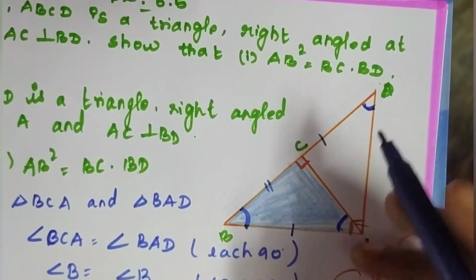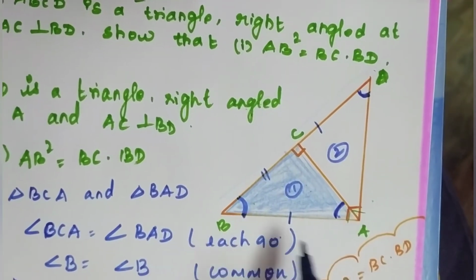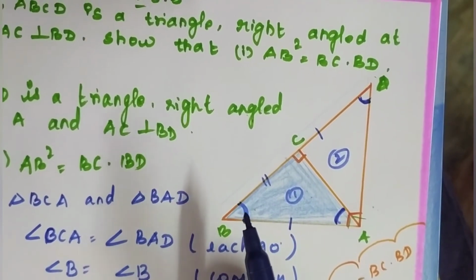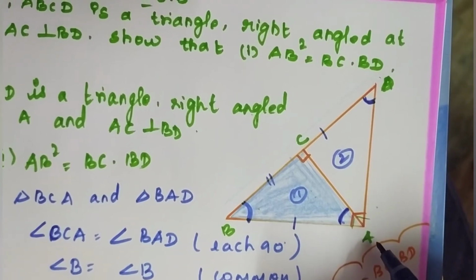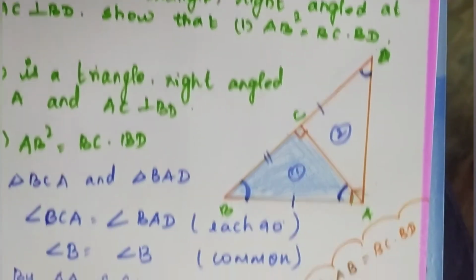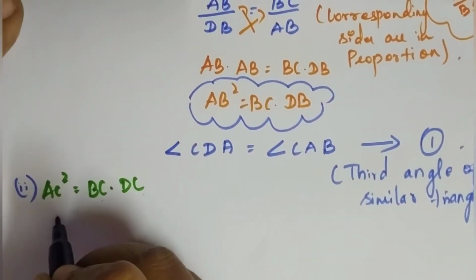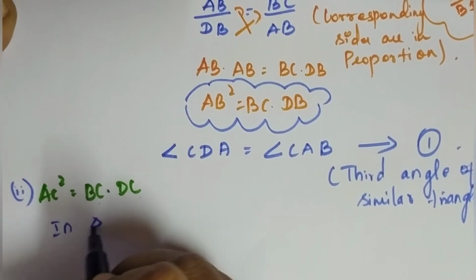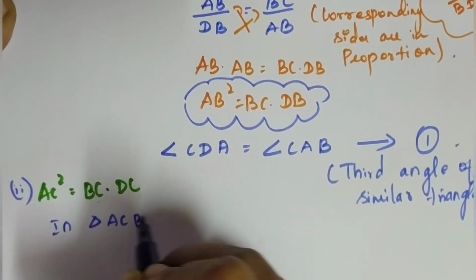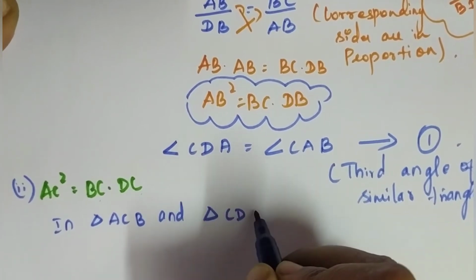So you have to take two triangles, triangle 1 and triangle 2. BAC is the first triangle and ACD is the second triangle. These two triangles I am going to take now, in triangle ACB and triangle CDA.